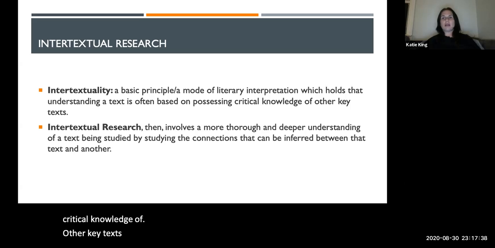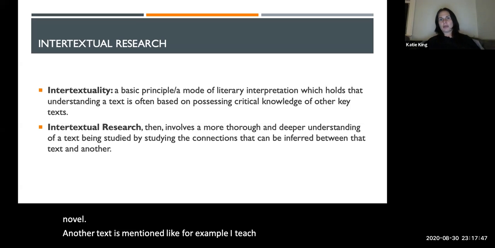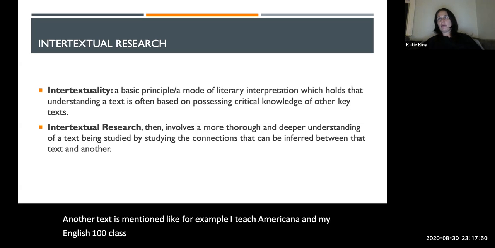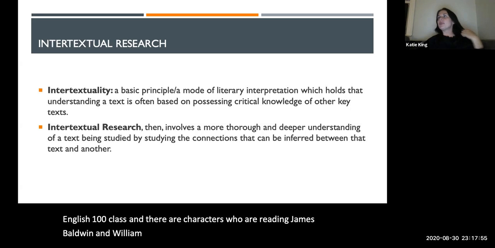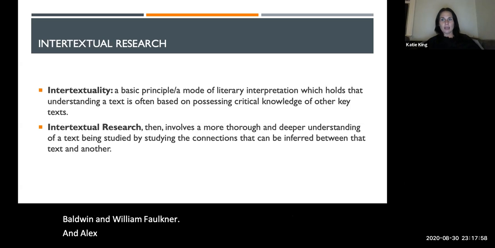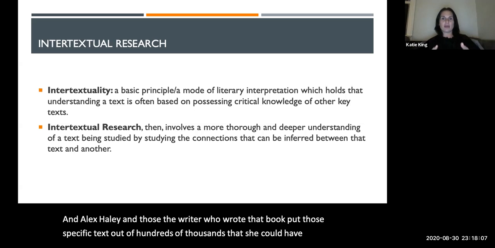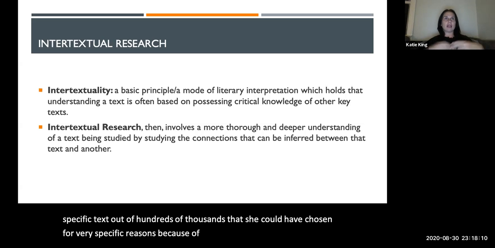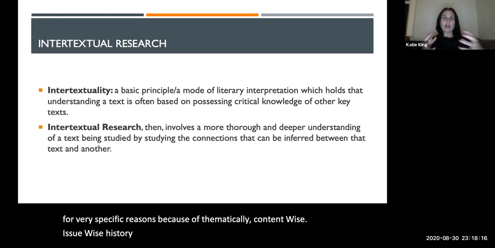So let's say you're reading a novel and in that novel, another text is mentioned. For example, I teach Americana in my English 100 class, and there are characters who are reading James Baldwin and William Faulkner and Alex Haley, and the writer who wrote that book put those specific texts out of hundreds of thousands that she could have chosen for very specific reasons, because thematically, content-wise, issue-wise, history, etc. They had to do with similar topics, right?